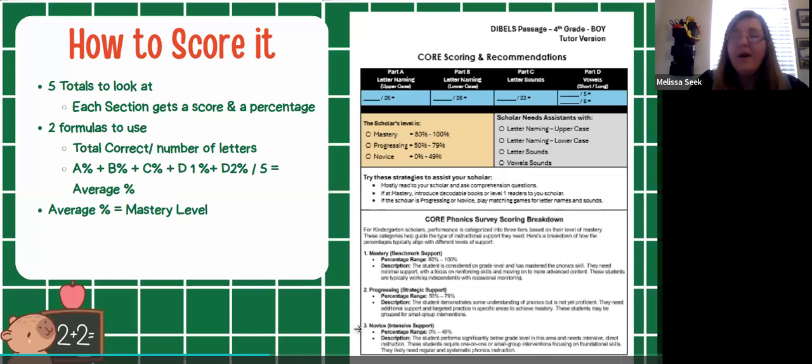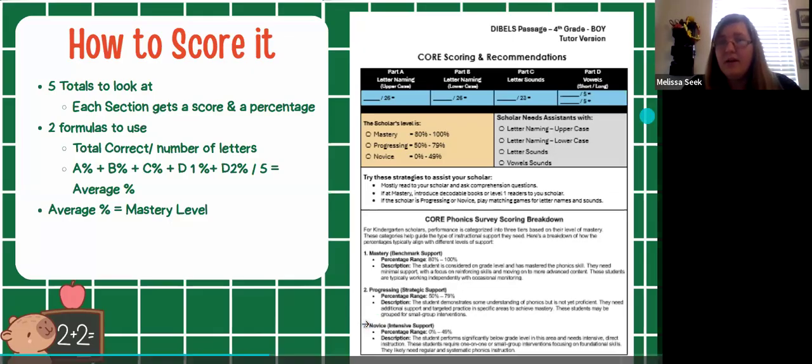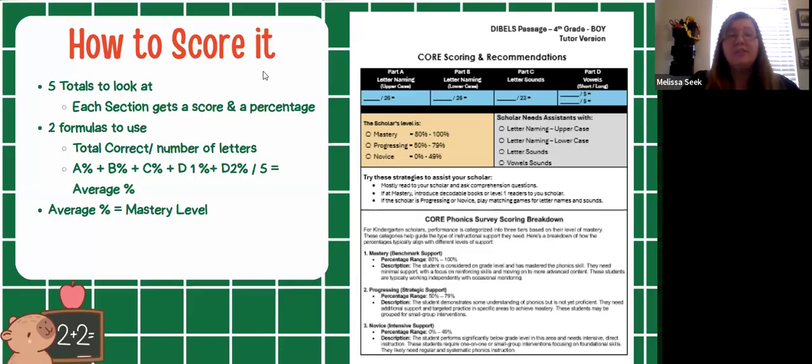Okay. So how to score it. This is the part that involves a little bit of math. I will say that the CORE scoring involves a little bit more math than the DIBELS one. And that's just the nature of the assessment. So we have our scores now. How do we put it on the sheet? This sheet that you're looking at right here is the back of your tutor materials.